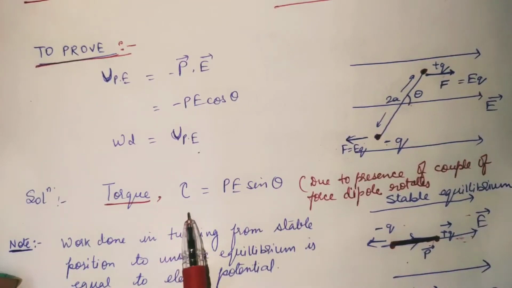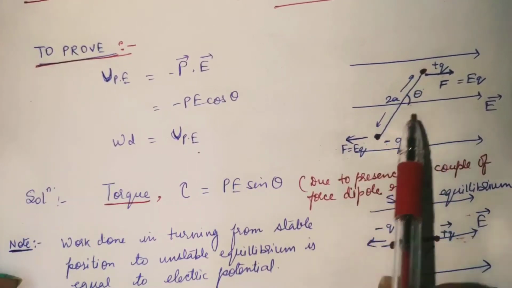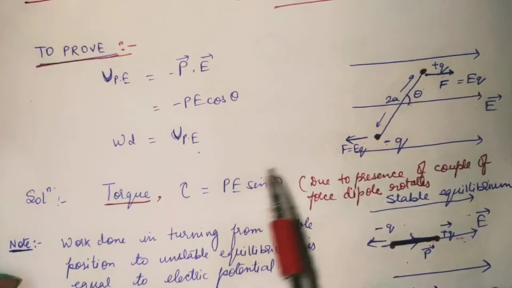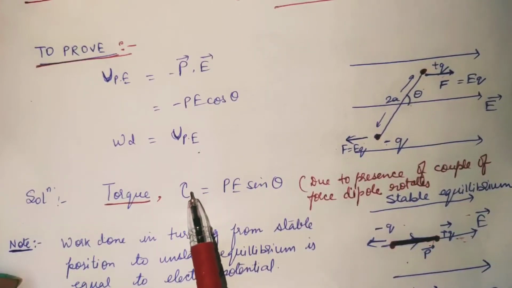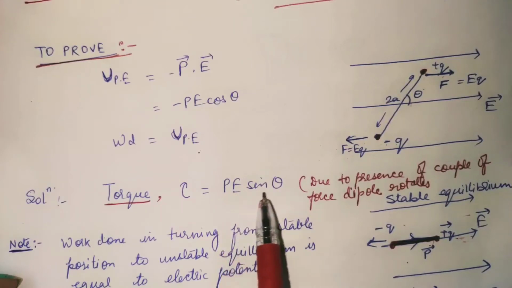What is a torque? We can see that a couple of forces are acting on the charge, and wherever there is a couple of forces, we have studied in rotational mechanics that torque is generated, and that torque is given by the cross product of the two vectors, vector P and vector E, and it is given by PE sin theta.